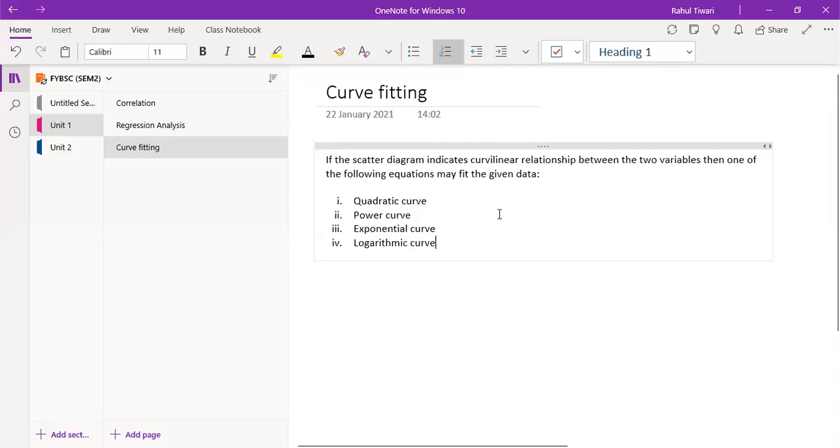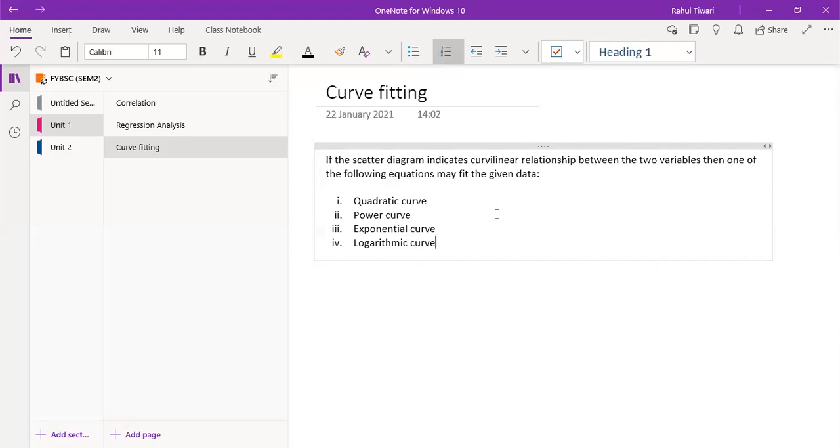So when we talk about the curve fitting concepts, this concept is very important, and many non-statistician persons fail to apply this particular curve fitting concept.